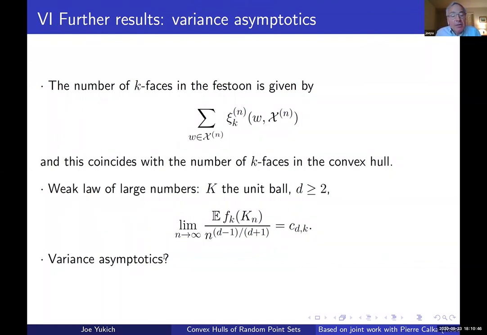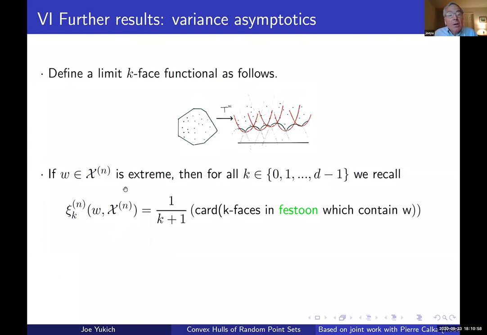What about variance asymptotics? To treat variance asymptotics, we need to introduce a little more terminology. Recall that we have already defined the score function at a point W with respect to this transformed point set.